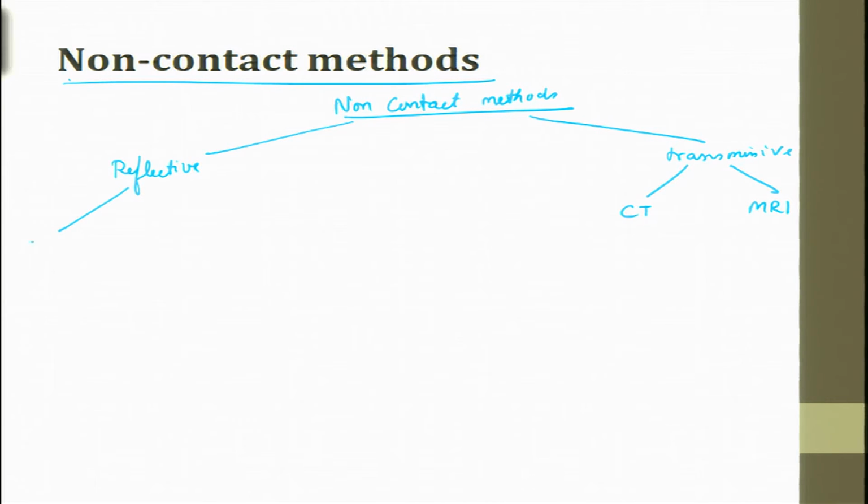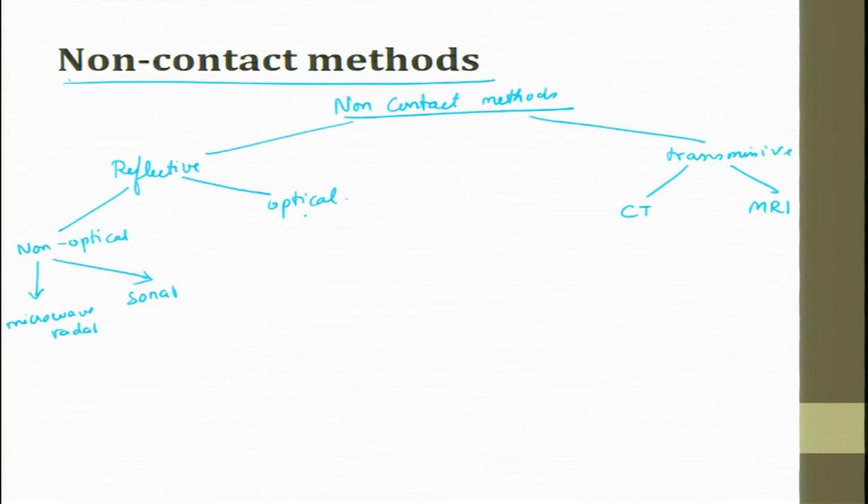In the reflective type, again you can have non-optical and optical. In non-optical, you can have microwave radar, which is used in defense applications. Then you can also use sonar, which is used in ships.